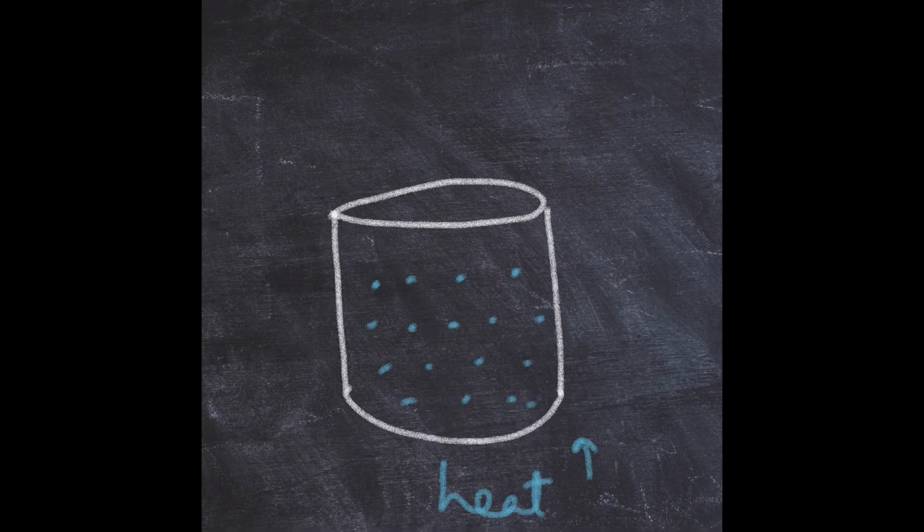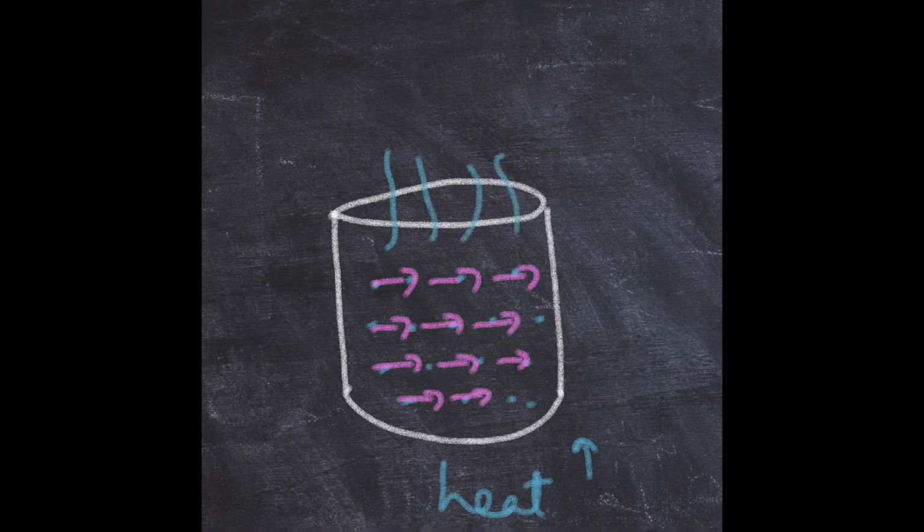Now, what will happen is these particles, they will undergo random motion. They'll start moving. The kinetic energy will go on increasing. And when the heat that is being supplied to them goes on increasing, some of the particles' kinetic energy will increase to such an extent that they will start converting into vapors.